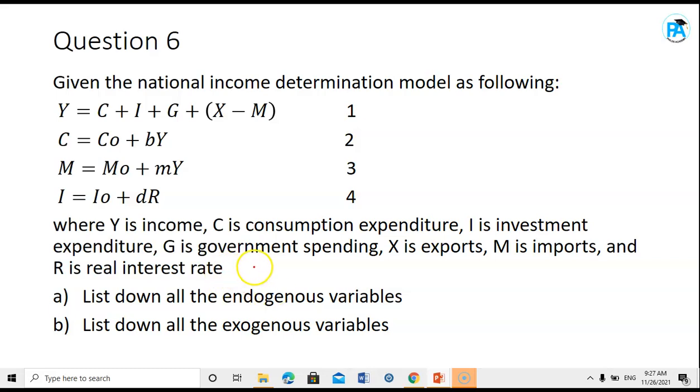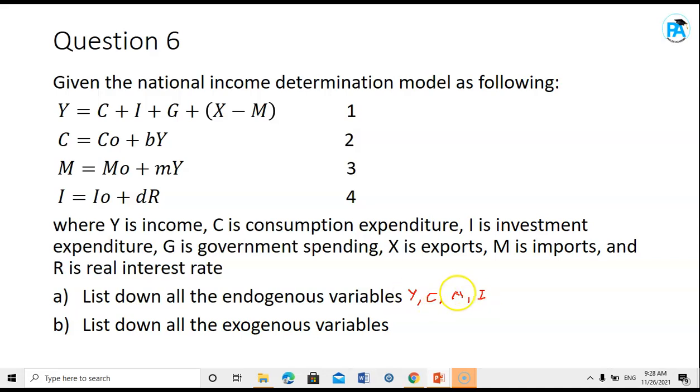Now, to list the endogenous variables: Y, and I'll list them and explain why they are. Then C is an endogenous variable, M is an endogenous variable, then capital I is an endogenous variable.